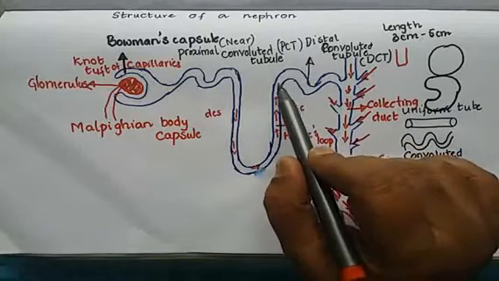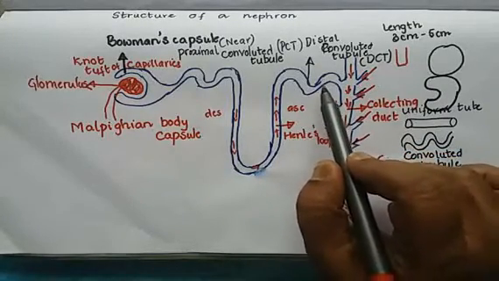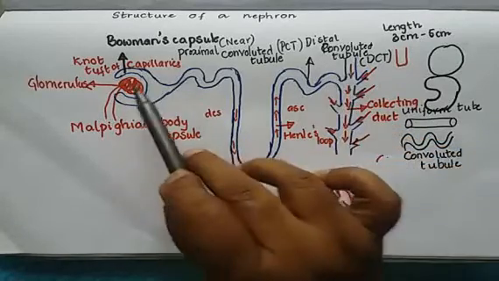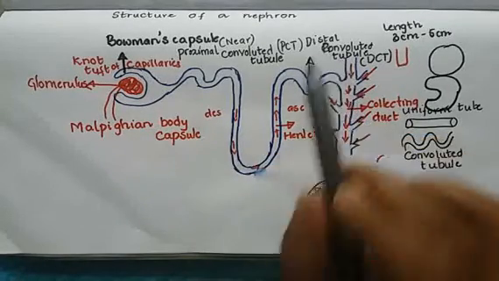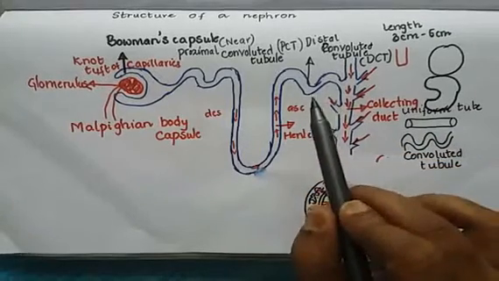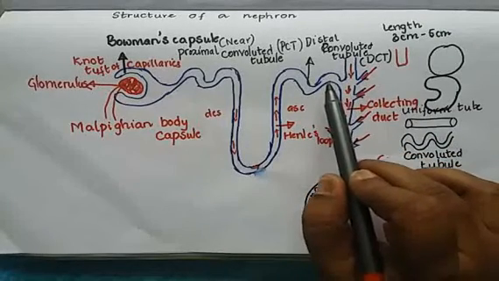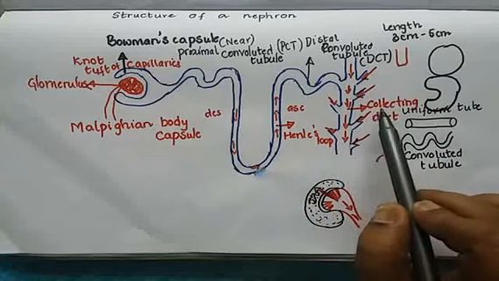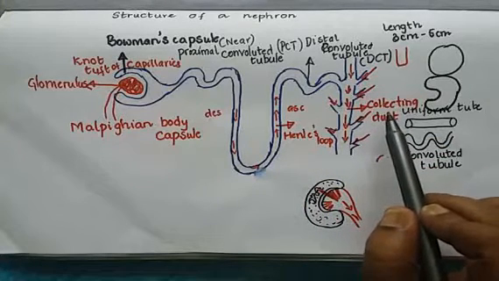After the loop of Henle, we find one more convoluted tubule known as the distal convoluted tubule, which is far away from the Bowman's capsule. Hence it has been named as the distal convoluted tubule. The distal convoluted tubule will pour out the urine into a common duct known as the collecting duct.